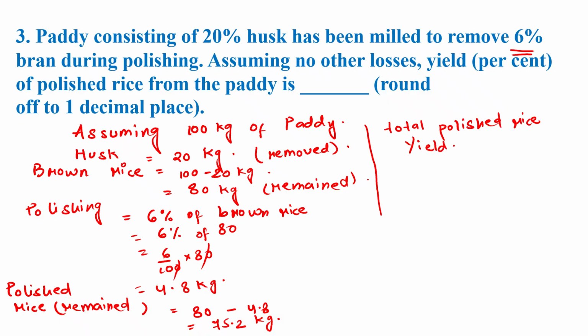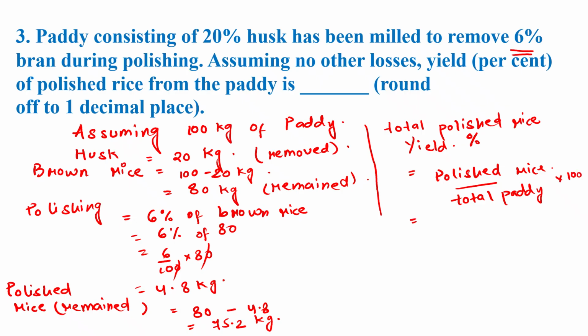It is the polished rice by the total paddy. Okay, we'll calculate the percent. So it is into 100.